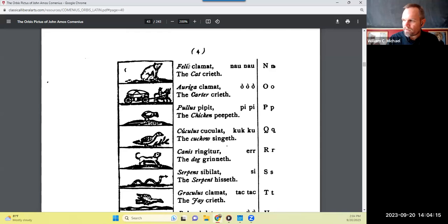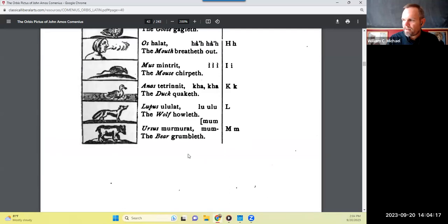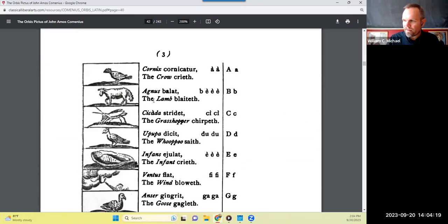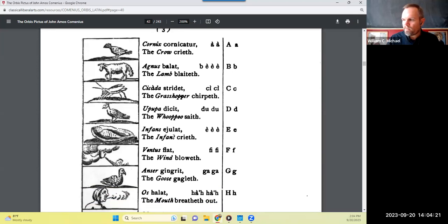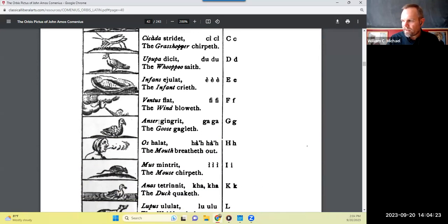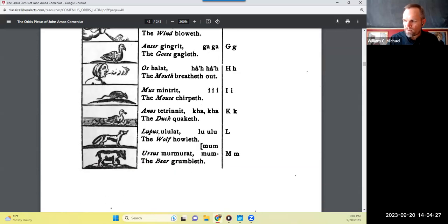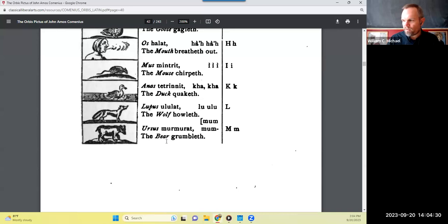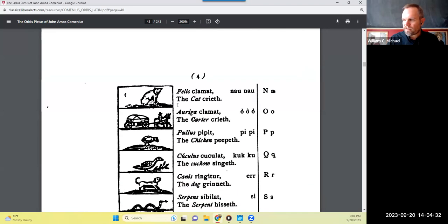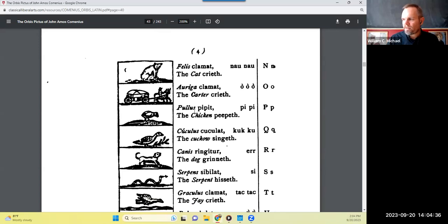You can see all the animals' names are in italics. So we learn the name of Agnus for lamb. We learn Anser for goose. We learn Mus for mouse, Anas for duck, Lupus for wolf, Ursus for bear. We learn the names of all these common animals, Felis for cat, Pulus for a chick.